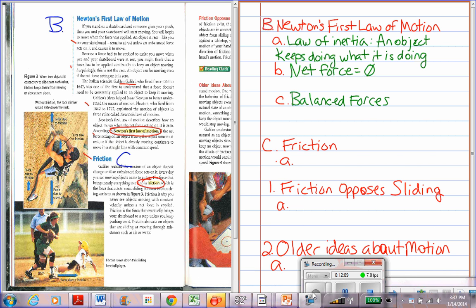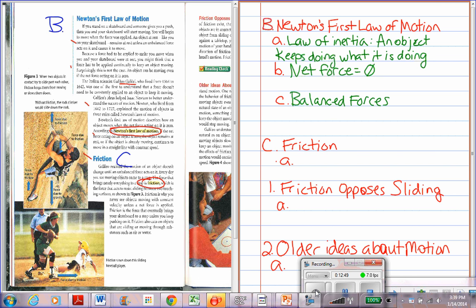Okay, now we have our second subheading, friction. Galileo realized the motion of an object doesn't change until an unbalanced force acts on it. Every day you see moving objects come to a stop. The force that brings nearly everything to a stop is friction, which is the force that acts in sliding between touching surfaces as shown in figure 3.